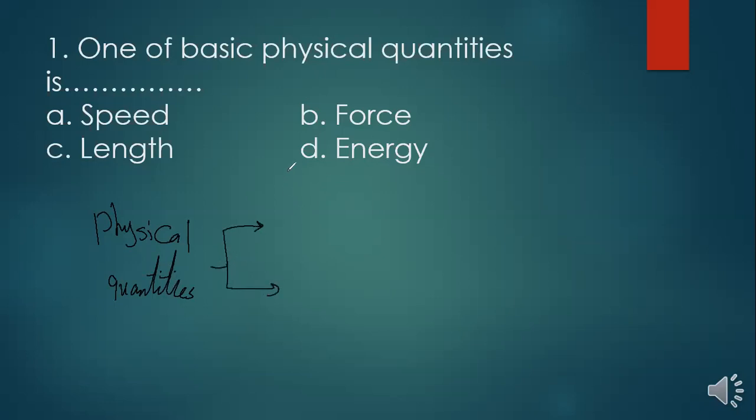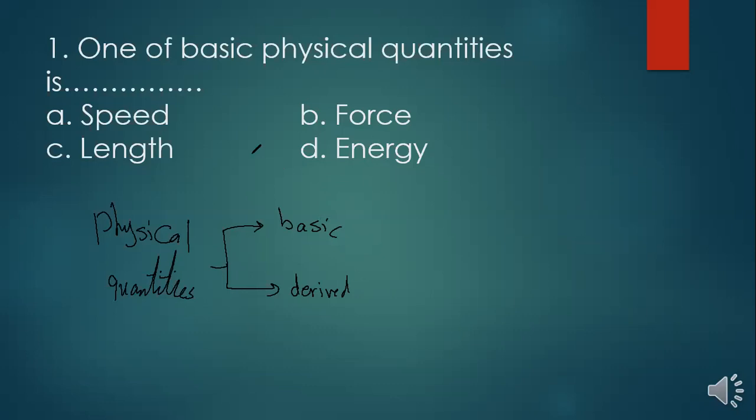So we have basic physical quantities and we have derived physical quantities, right? Now, in order to understand the difference between them, a basic physical quantity can be considered as an original physical quantity, while a derived physical quantity is not an original one. It goes back to one of the basic physical quantities.